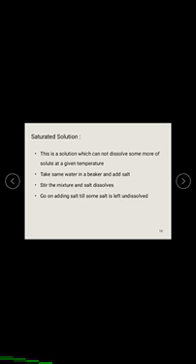Go on adding salt till some is left undissolved. Then the solution formed is called a saturated solution. The maximum amount of solute dissolved in a solution is called a saturated solution.